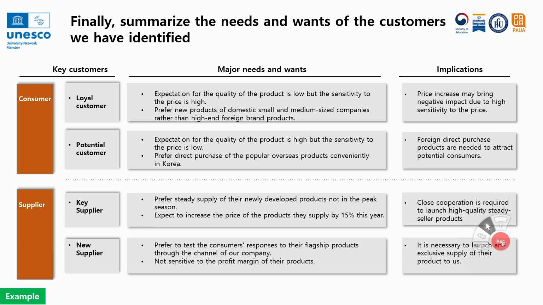Okay, and they may agree to our request because they do not want to increase the profit margin of their products throughout the entire channels, but they simply want to test their products' response from the customers, and then it may be better for them to exclusively work with us. Okay.